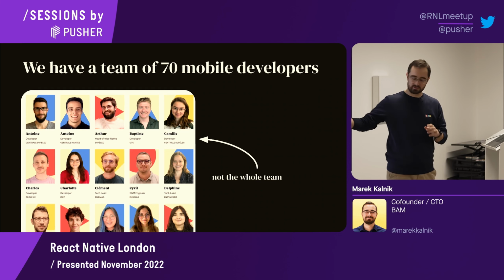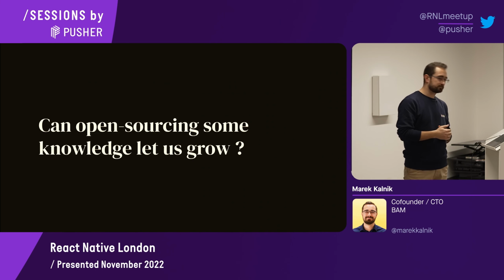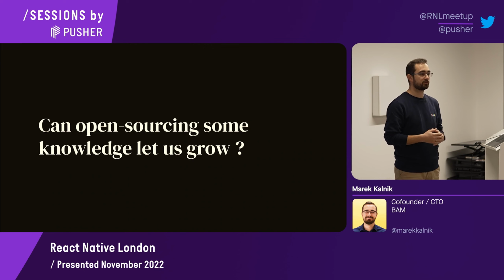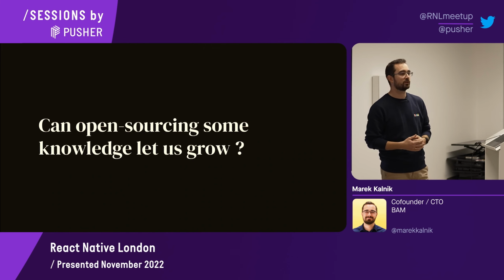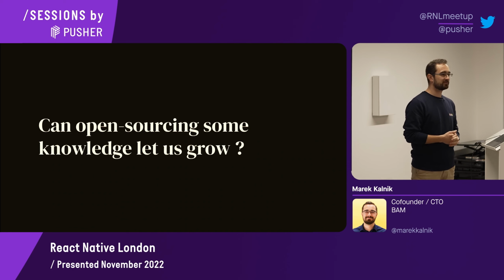This is not the whole team, but 70 mobile developers have a lot of these interesting discussions. And I asked myself, could we open source knowledge? Could we share our choices, with all the good sides and bad sides of this?